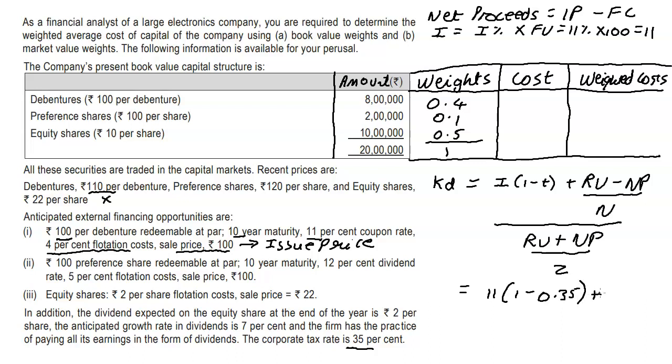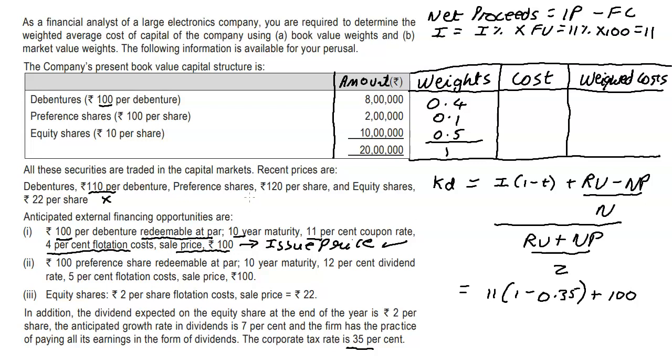Right, so I'm going to write 1 minus 0.35, close bracket. The redemption value, they've said specifically that it is redeemable at par. So at par means whatever the face value is, which is mentioned here, that is going to be your redemption value. So we have 100. Now the question is, what about the net proceeds? They have told us that they're selling it for this price, but we also have a flotation cost of 4%.